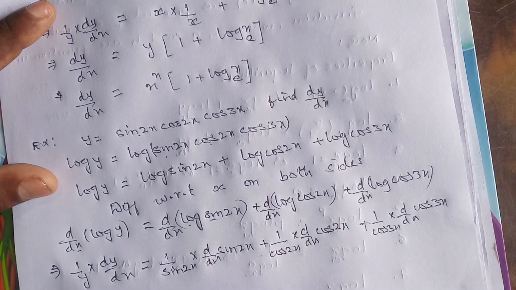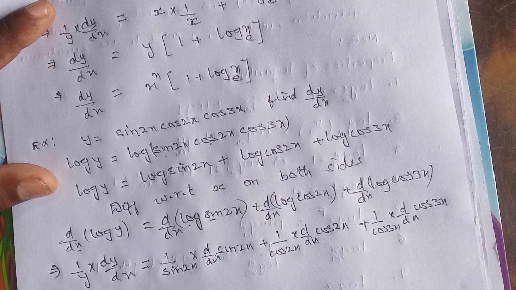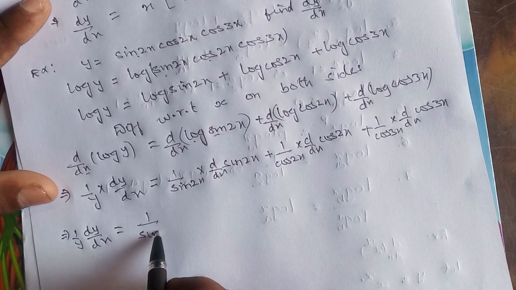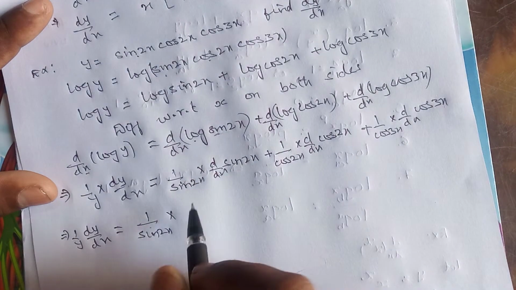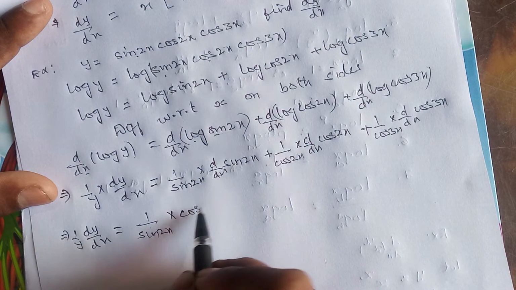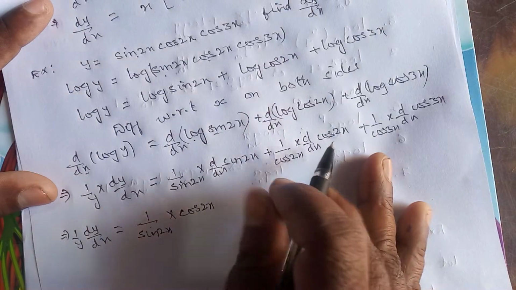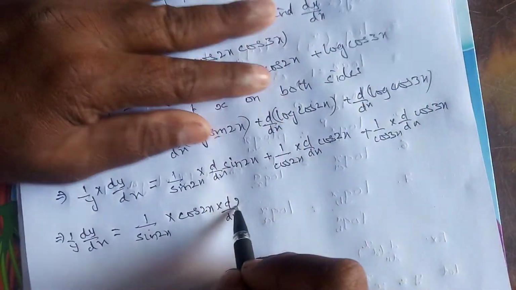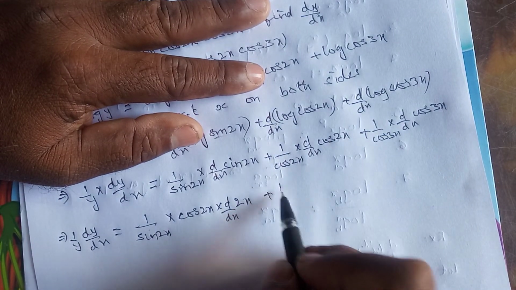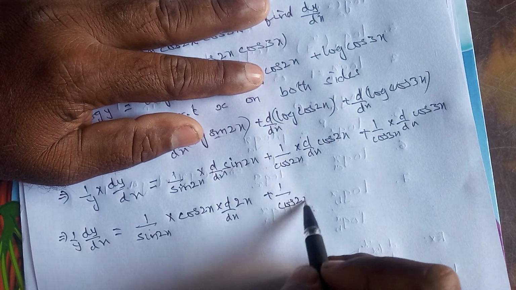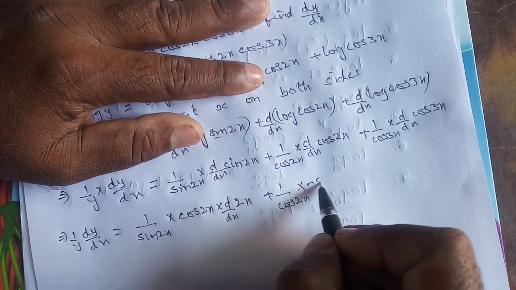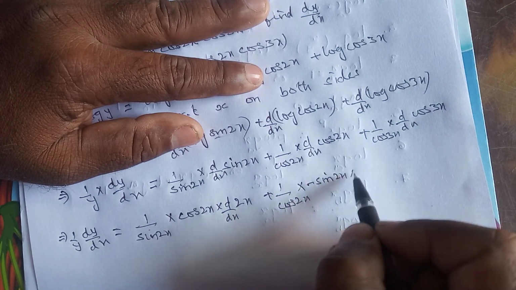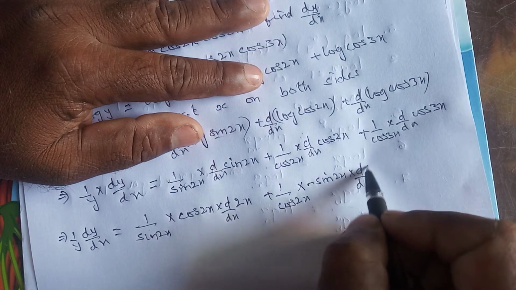So 1 by y dy by dx equals 1 by sin 2x, the derivative of sin is cos 2x, again the derivative of 2x, plus 1 by cos 2x, the derivative of cos is minus sin 2x, again the derivative of 2x.